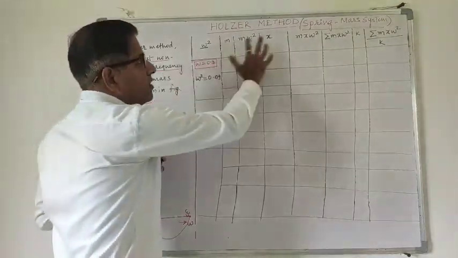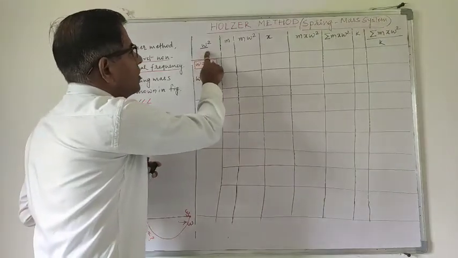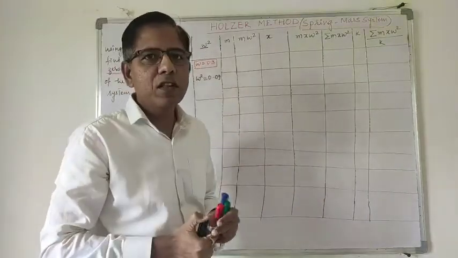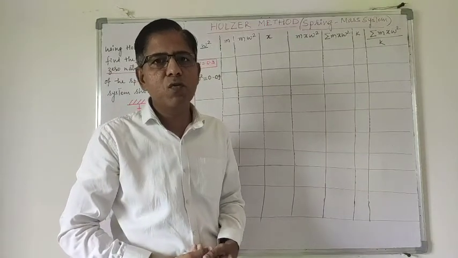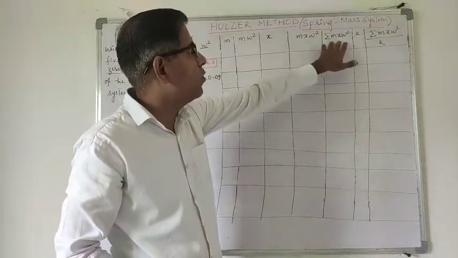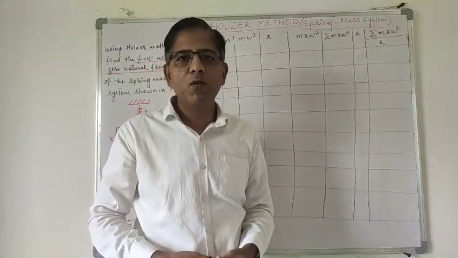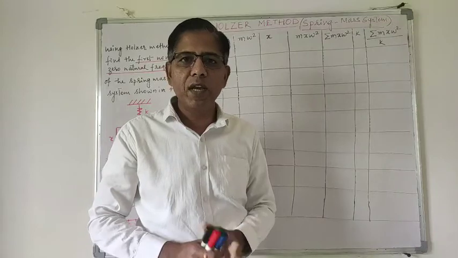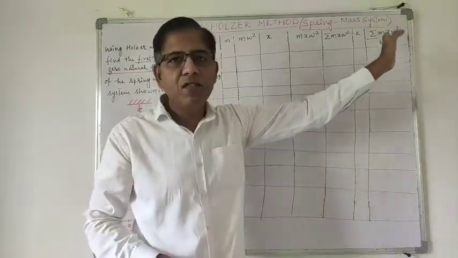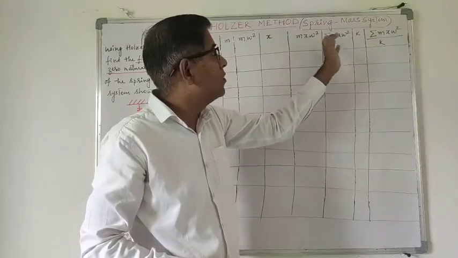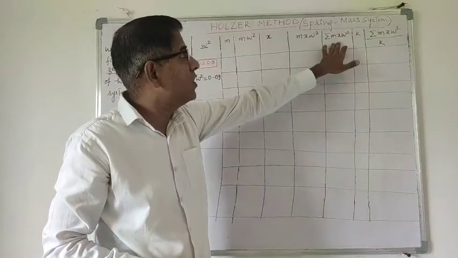Then I have plotted this table. Since this Holzer method works on the principle that the sum of the inertia forces is equal to 0, we need to sum out the inertia forces. Now we know that inertia forces are given as m into x into omega square. So m x omega square is the inertia force. So here I have designed this table so that I will get the inertia forces.